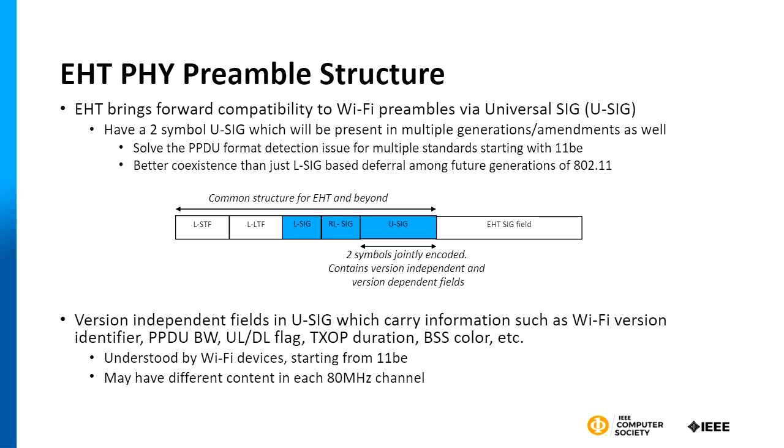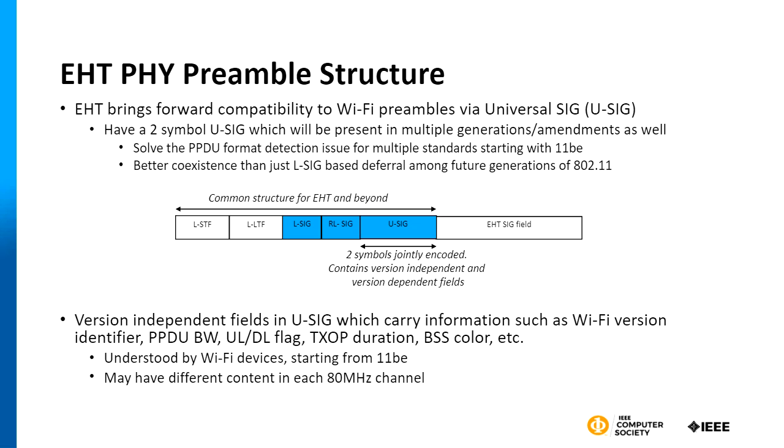We also introduced a new PHY preamble that is based on the universal SIG that is expected to be present also in future amendments as well, so that it improves forward compatibility. And of course, given that we continue using the legacy SIG field, this is going to be preserving the backward compatibility that I mentioned earlier as well.